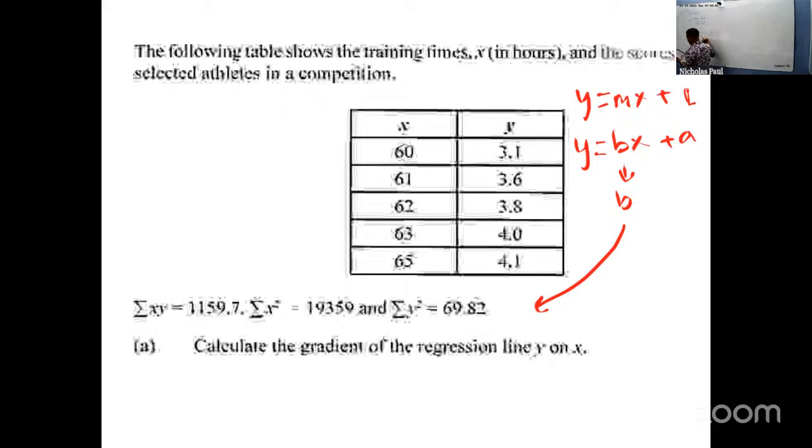Right, x squared looking like 19359, yeah? X squared is 19359. Right, I've seen some values coming in, Keelan, Christopher.